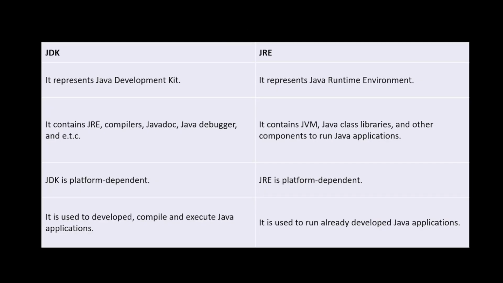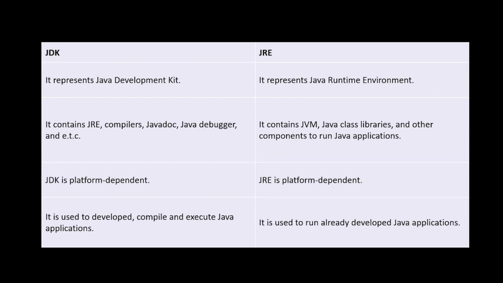What is the difference between the JDK and the JRE? The JDK represents the Java Development Kit, while the JRE represents the Java Runtime Environment. The JDK contains the JRE, compilers, Java documentation, debugger, and other tools. The JRE contains the JVM, Java class libraries, and other components to run Java applications. Both the JDK and the JRE are platform dependent.